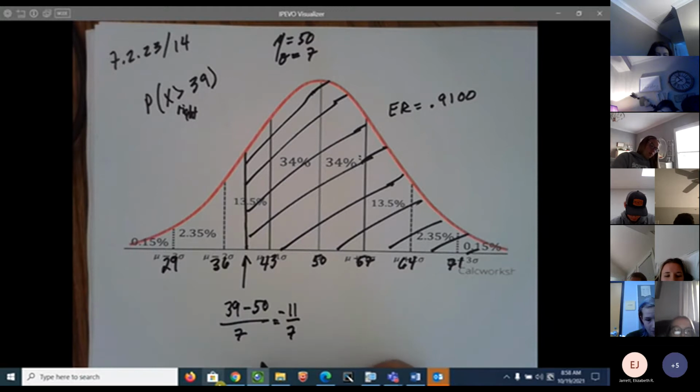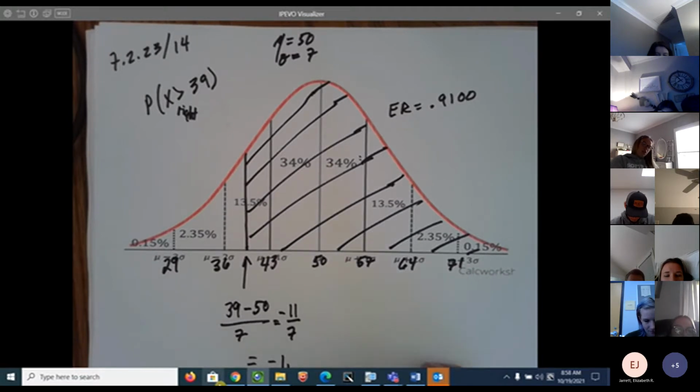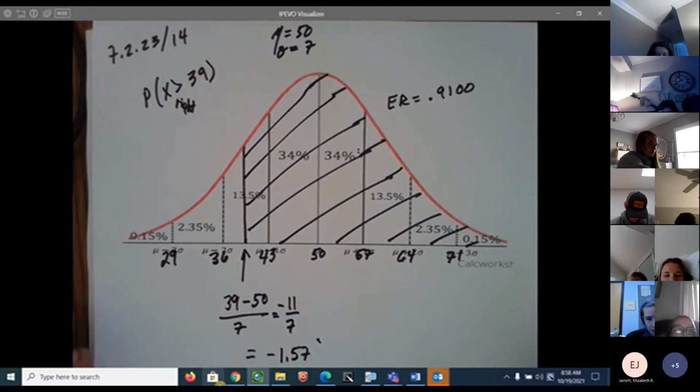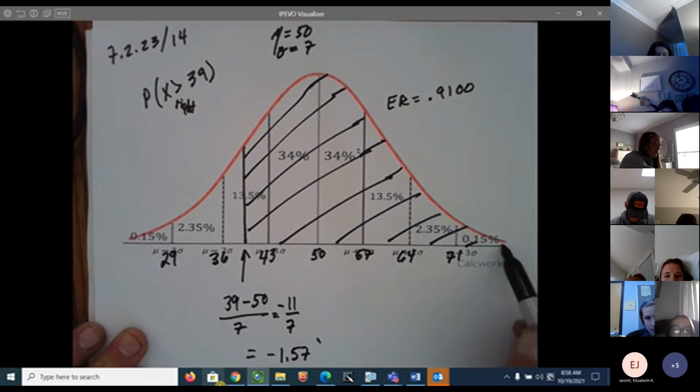Somebody give me that number, please, to 2 decimal places. 1 point what? 57. So if you got an old calculator, you're going to go from negative 1.57 to 9999.